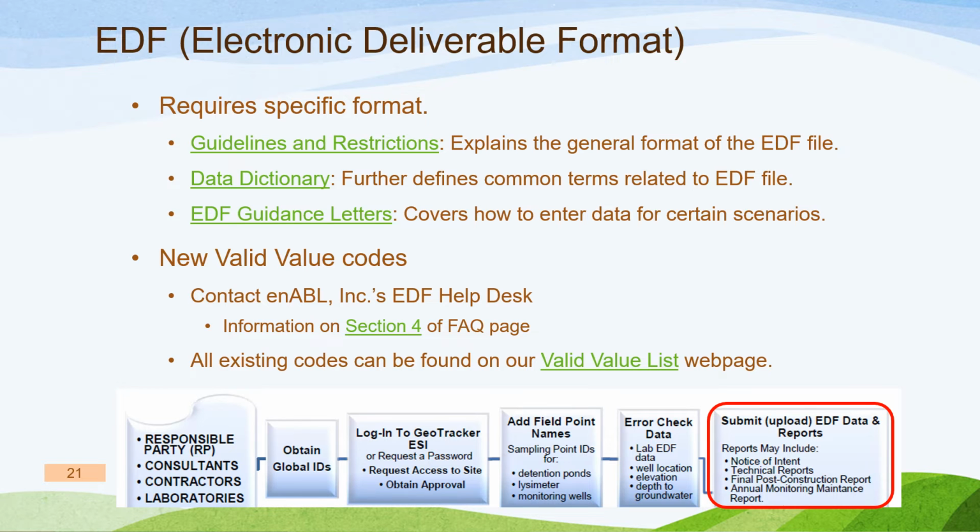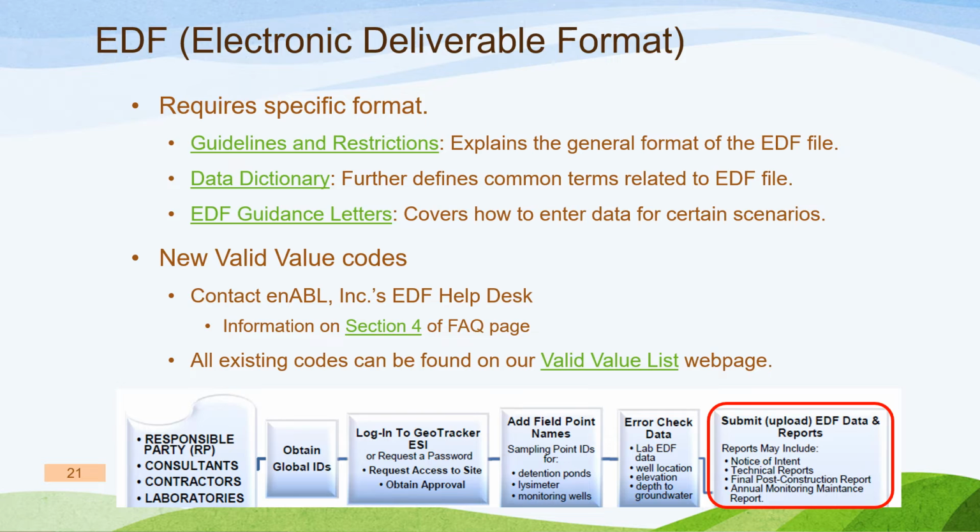Now going on to the next part, valid value codes. Certain fields within the EDF file and non-PDF submittals require the use of valid value codes. Valid value codes contain a unique set of characters that represent a specific item. For example, these codes can apply to a specific chemical, analytical method, or sample matrix.